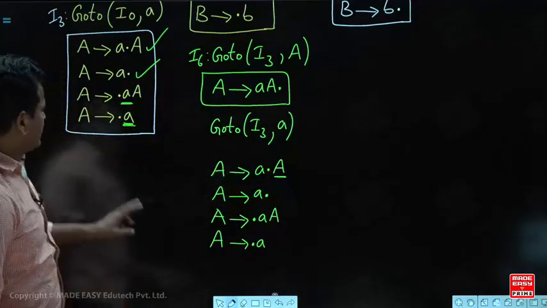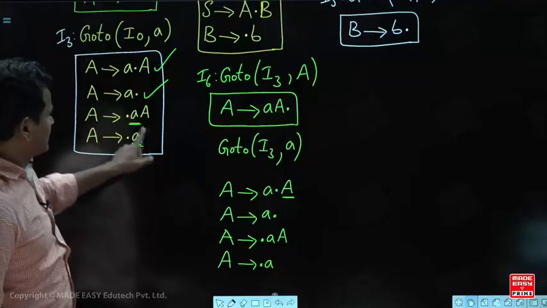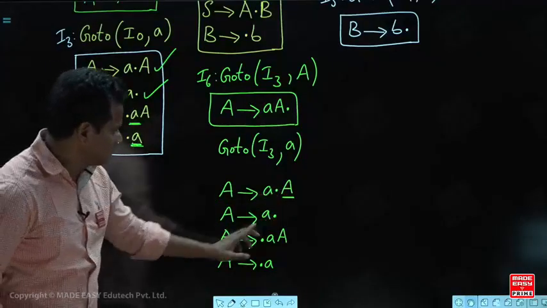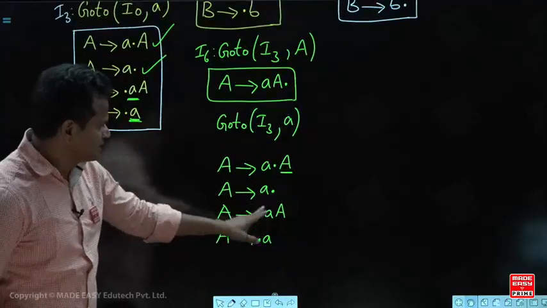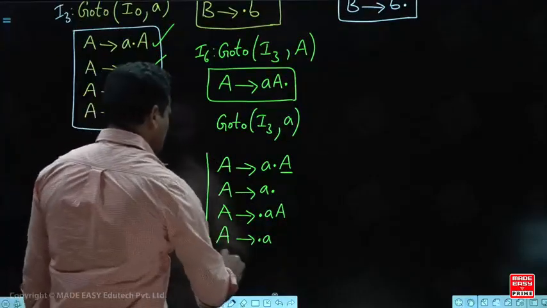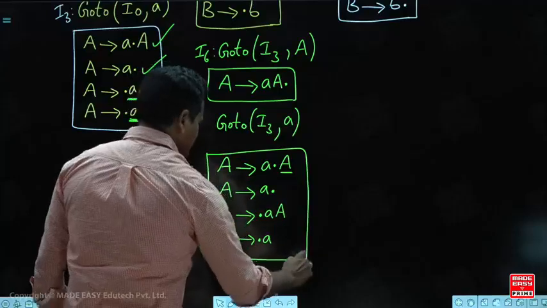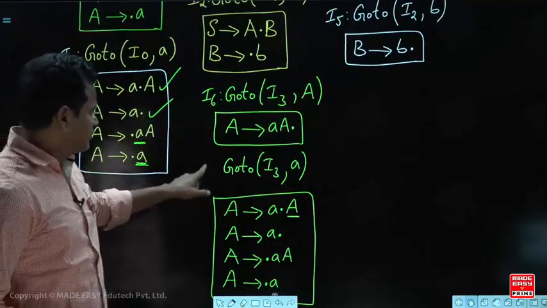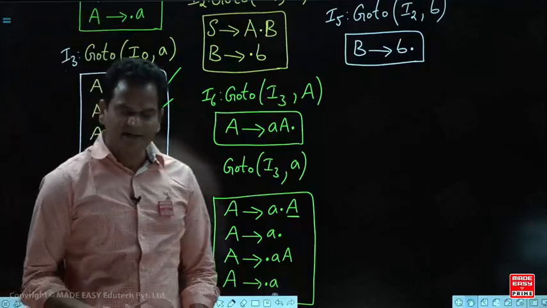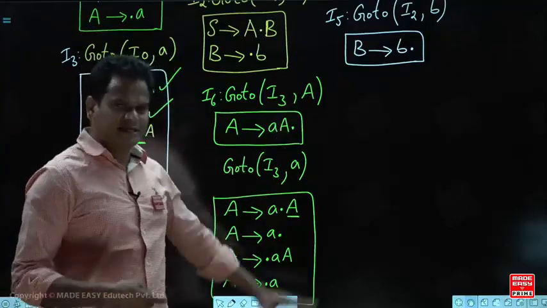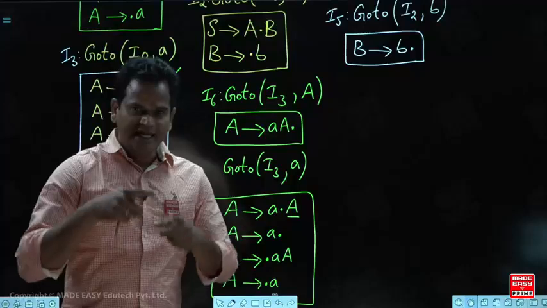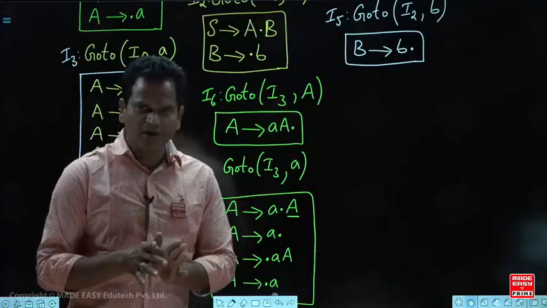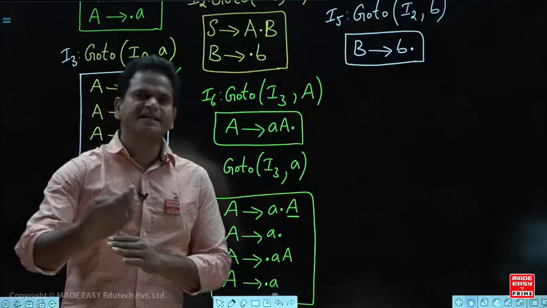Okay, so I repeat, I3 comma small a. Move the dot in this one and this one. Dot after A, I added. Now, dot after nothing, dot after a terminal. So close this one. Before giving the new name, this is already I6. Before giving the new name as I7, every time, whenever you are giving a new name to any state, just observe whether that state has already been created or not.